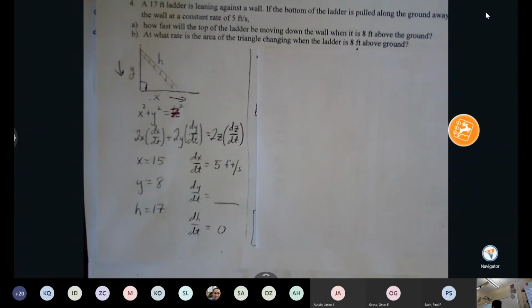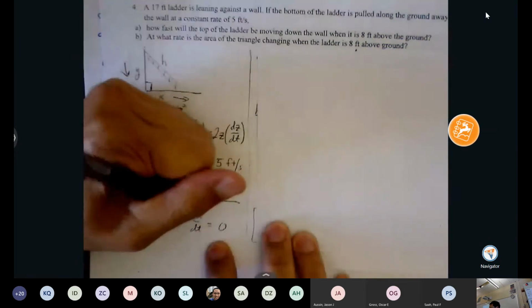This is the information I gathered from the setup, derivative, and information. See if yours match. I use H here, not consistent.